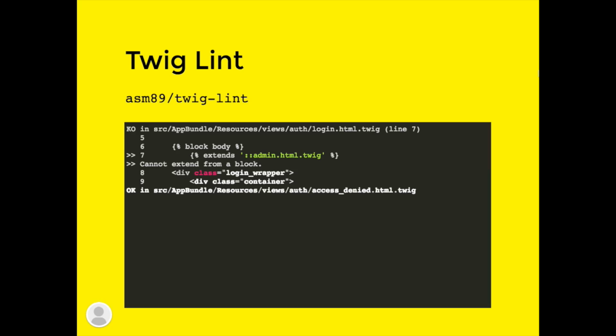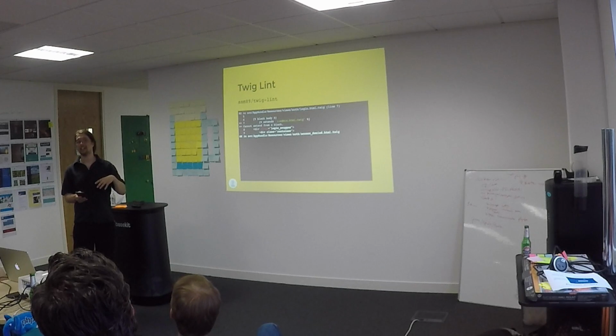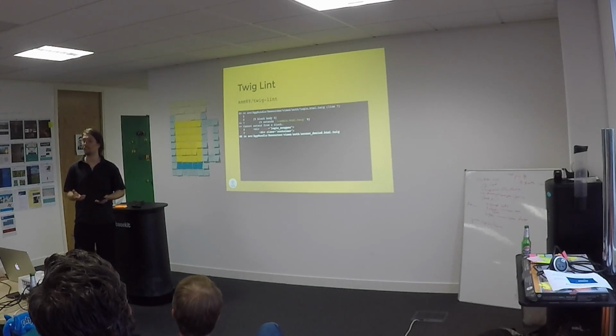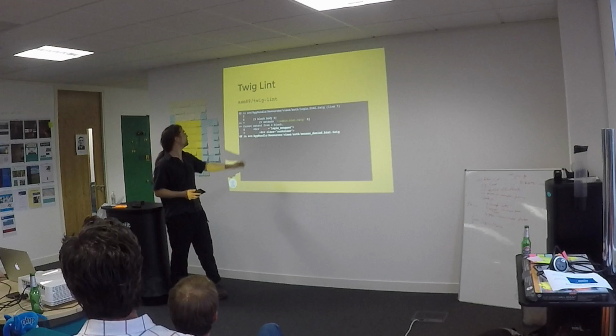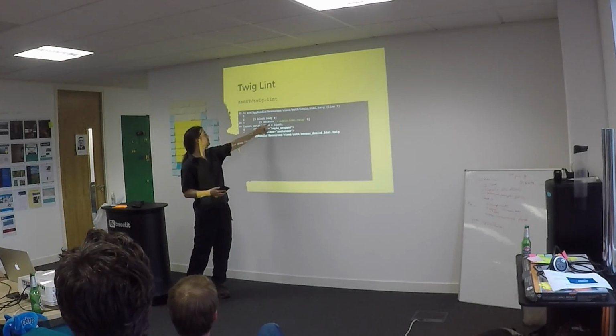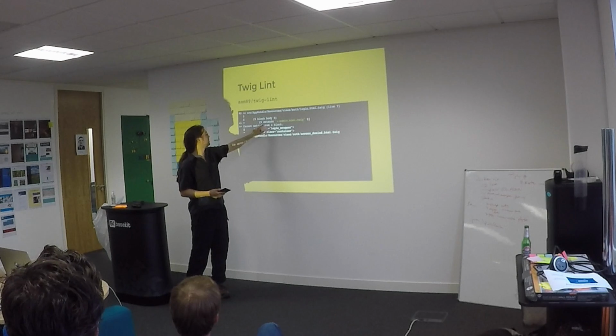Twig Lint. This one's a bit crap really actually, another one that's a bit dodgy. It only finds really big mistakes because it doesn't actually look at your Twig extensions or anything like that to work out whether you've added extra commands. I don't know if any of you know Twig. This here is like a functional block.